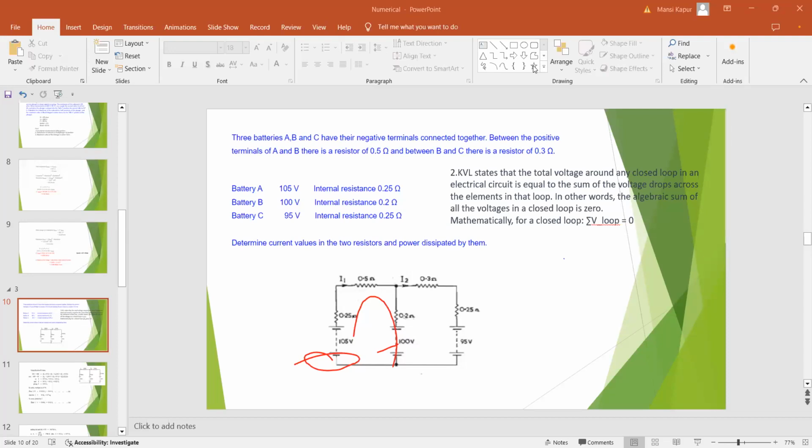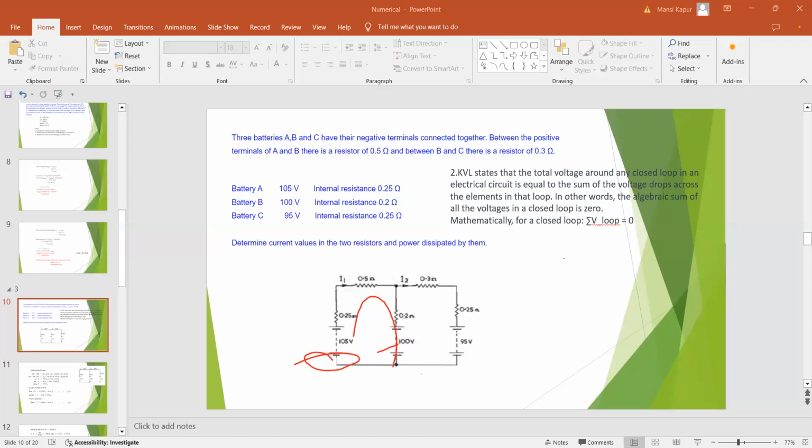So you will get one equation for I1 and I2 from this side of the figure, correct? You will get some expression between I1 and I2, right? Sir, I2 we are not taking, right?